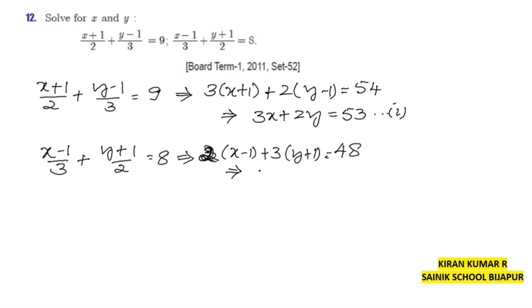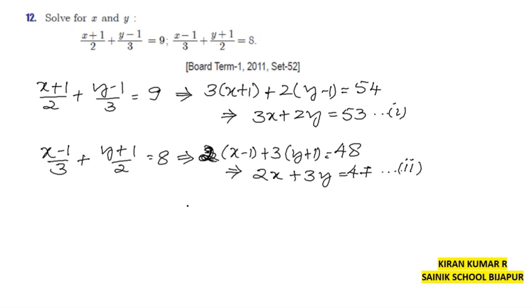Let's simplify. We get 2x plus 3y equal to, here you observe 2 multiplied to minus 1 is minus 2, 3 multiplied to plus 1 is 3. So minus 2 plus 3 is 1, positive 1. Transpose it, the result is 47. Let this be equation 2.